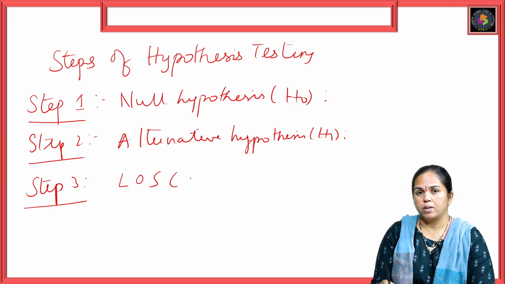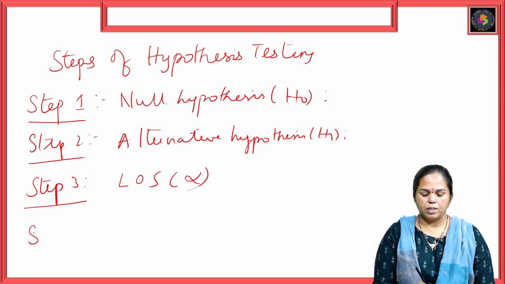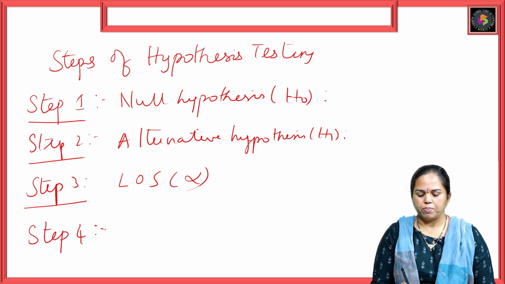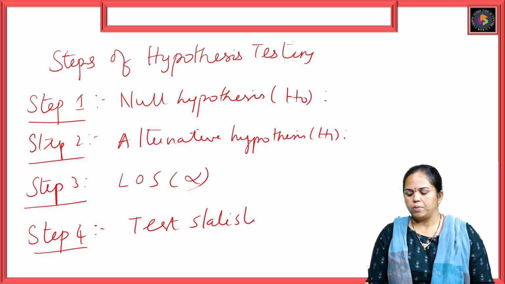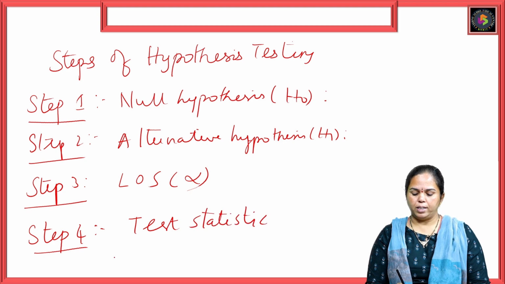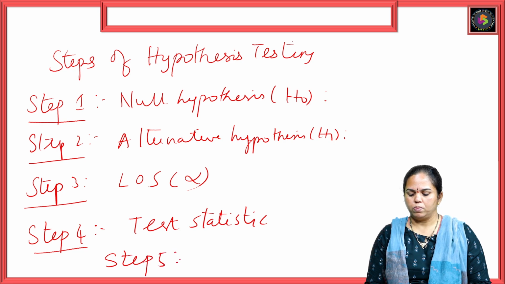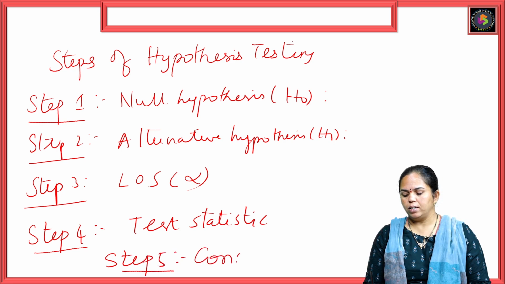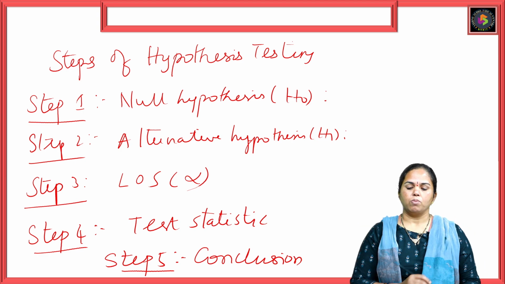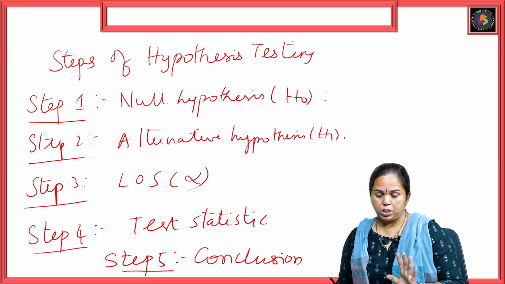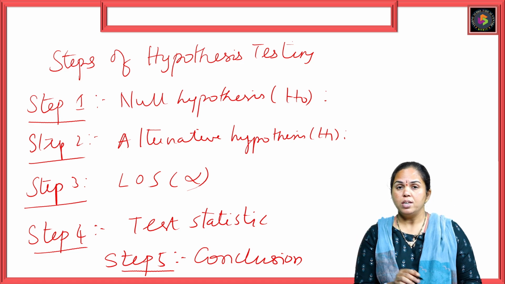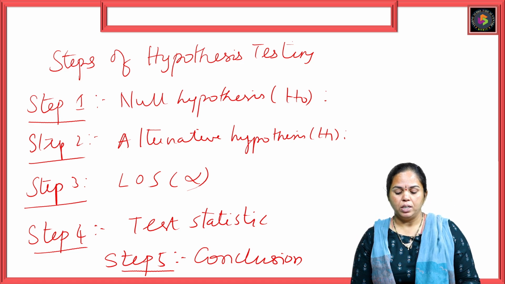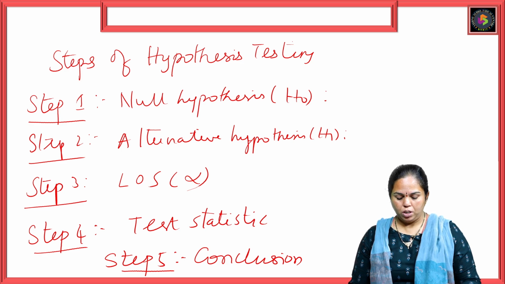Step 3: level of significance alpha. Step 4: test statistic. Step 5: conclusion. The complete unit of hypothesis testing revolves around these 5 steps.